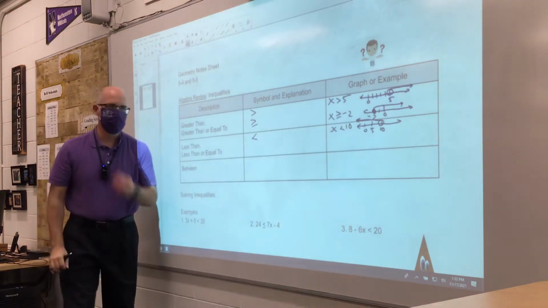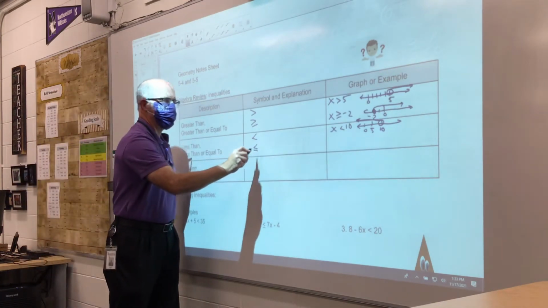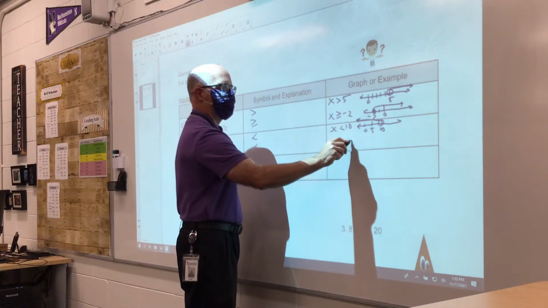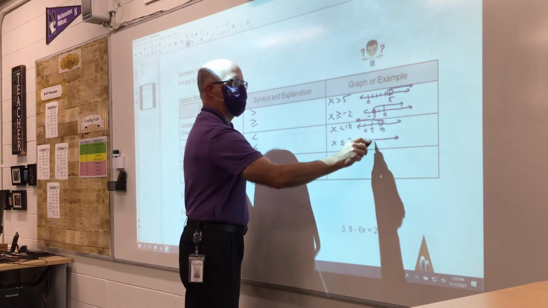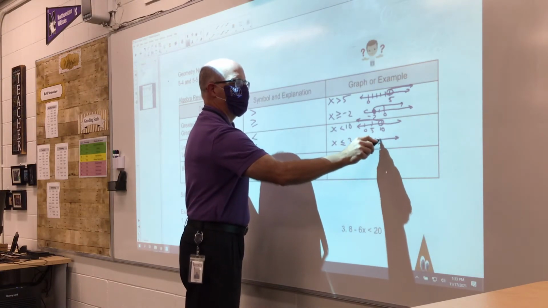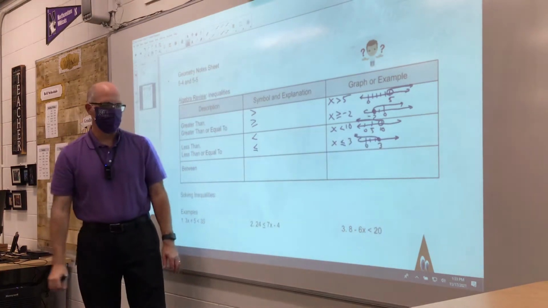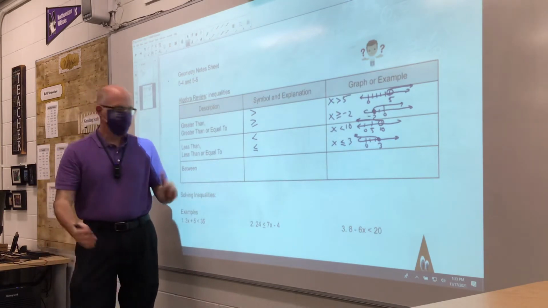And then a less than or equal to, all it does is close in that dot. So x less than or equal to 3: there's 0, 1, 2, 3. Put a closed dot on 3 and go to the left, because it includes all the numbers that are smaller than it. There's an infinite number of those.